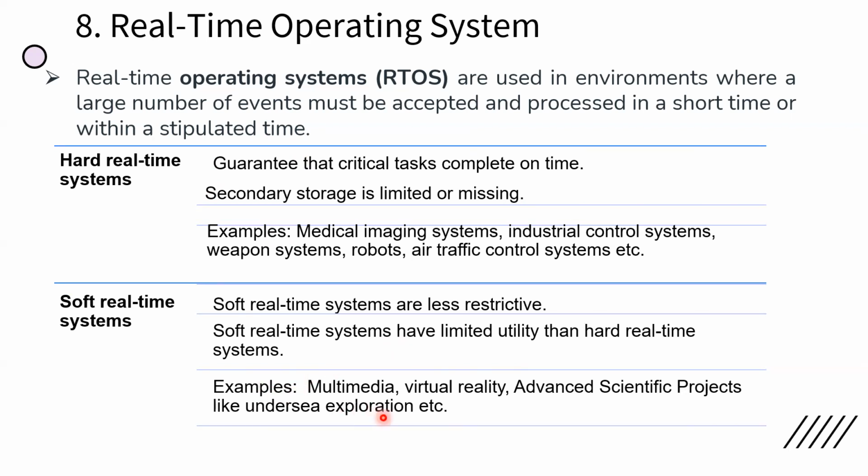Examples of soft real-time operating systems include multimedia, virtual reality, advanced scientific projects like undersea exploration, etc. So in all these applications, even if there is some amount of delay in processing the data, it will not cause much damage or the applications can still run.